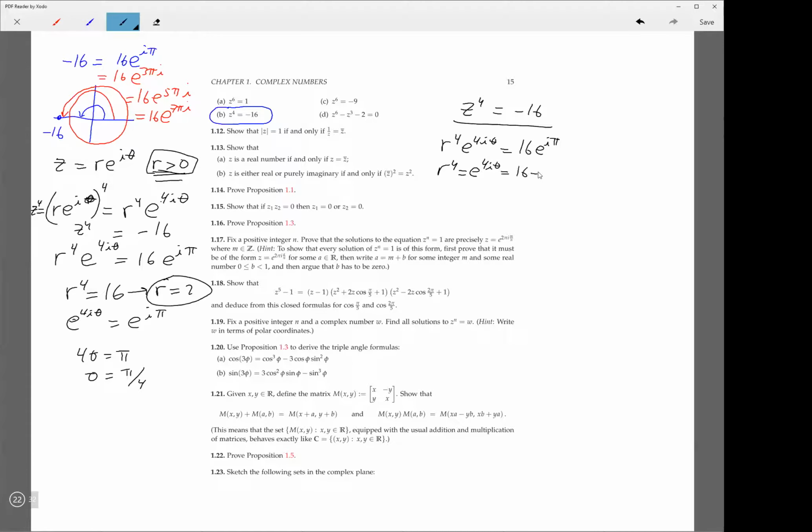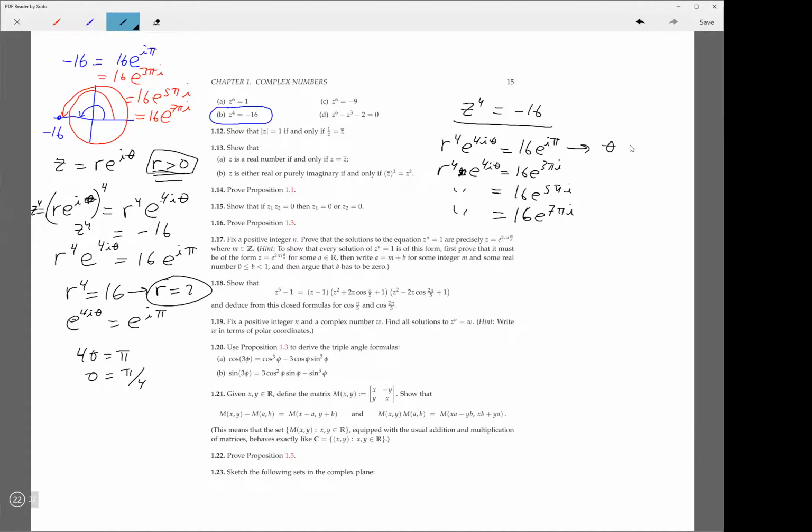And that's also going to be 16 e to the 3 pi i, and it's going to be the same thing, equaling 16 e to the 5 pi i. And then it's the same thing being equal to 16 e to the 7 pi i.